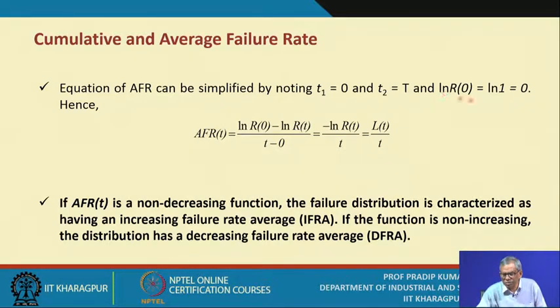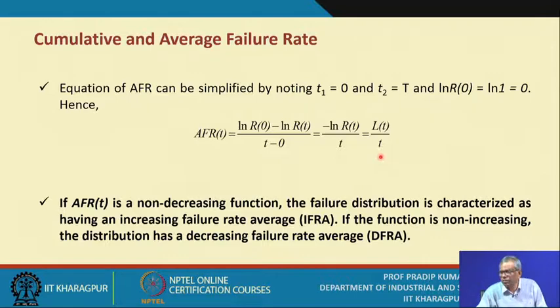So this is a particular case, and you will apply this rule. Ultimately what you will find is ln R(0) minus ln R(T), divided by T minus 0, so this could be capital T.